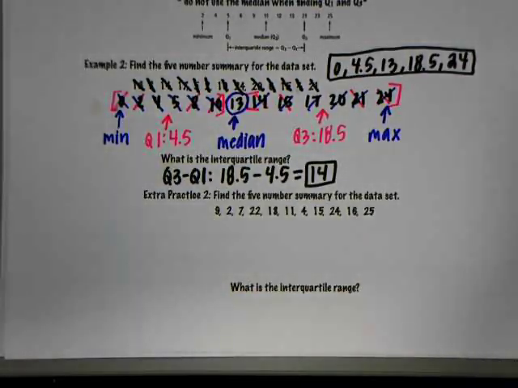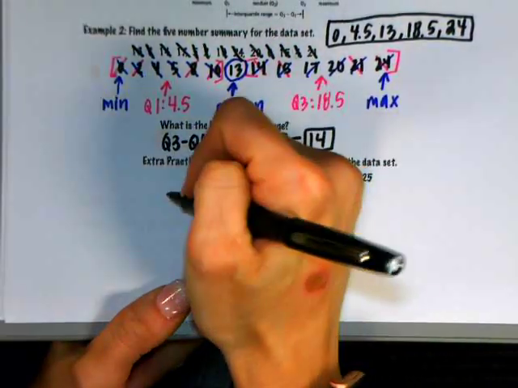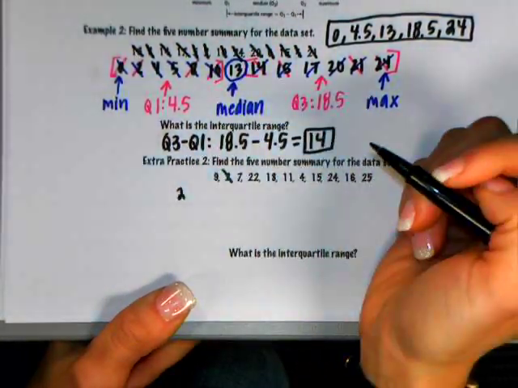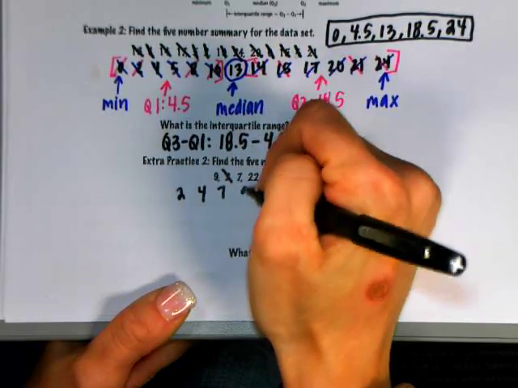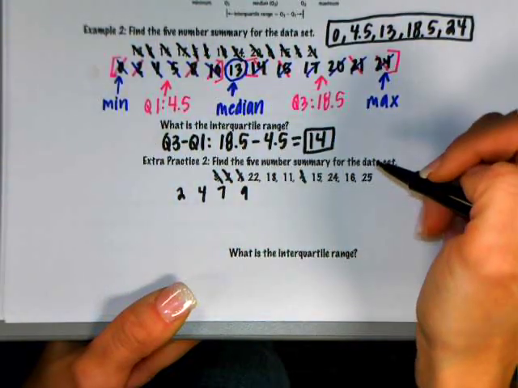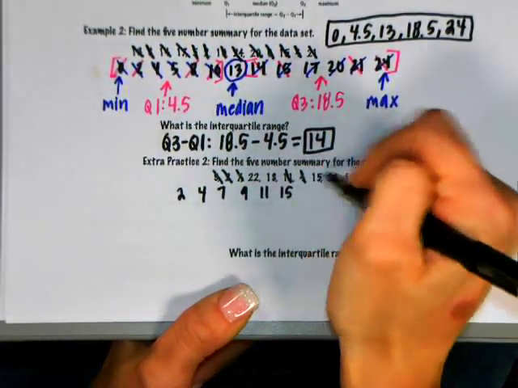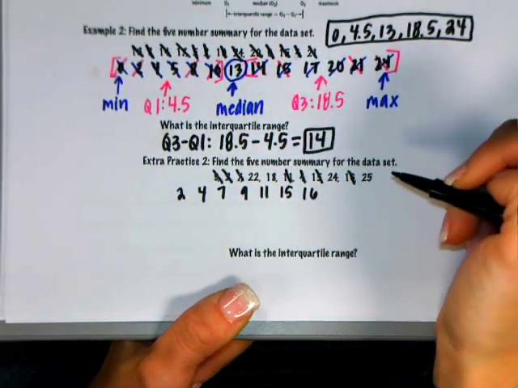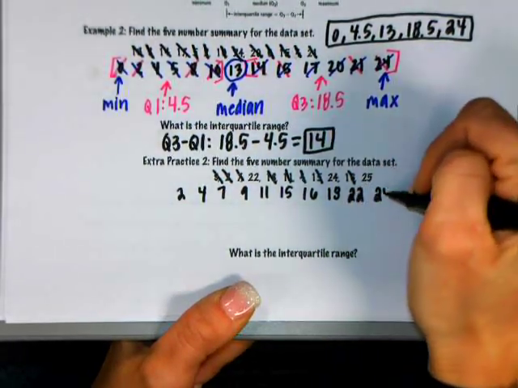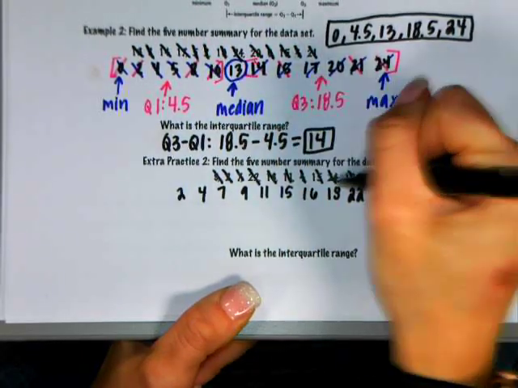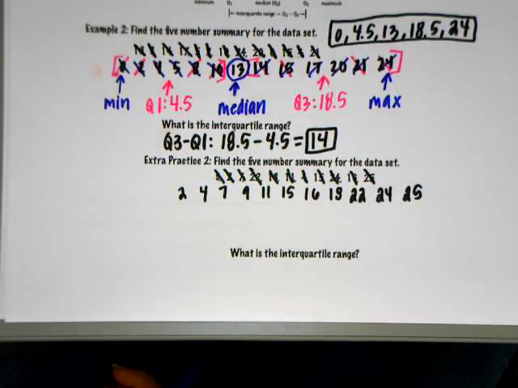Okay, while you guys finish, I'm going to put them in order. They're ready to go. Are you guys done?